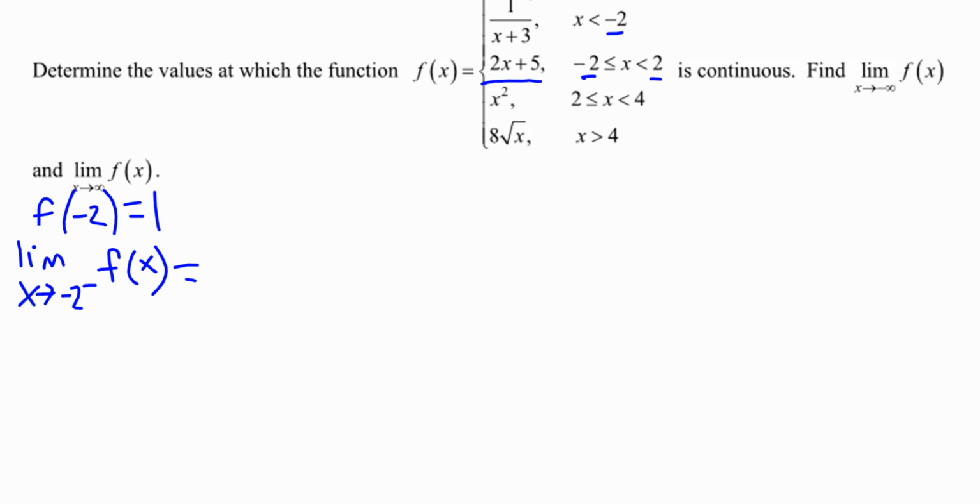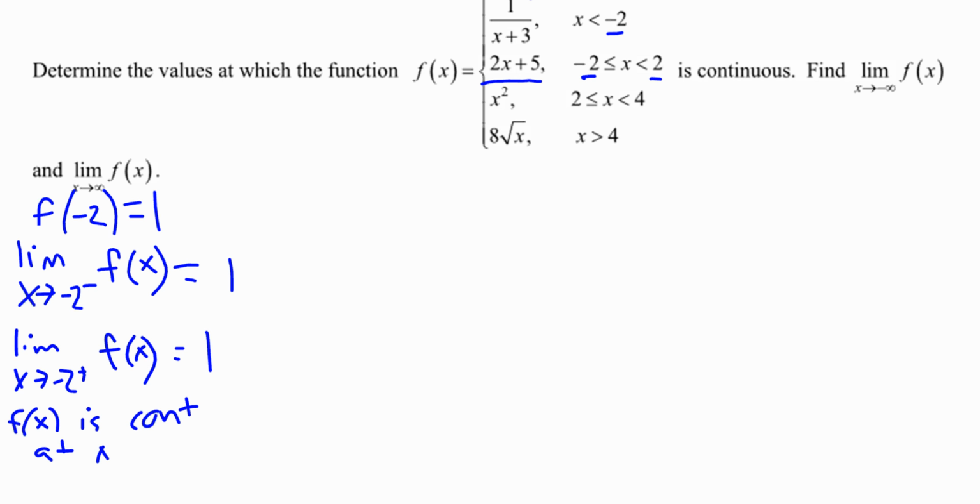Plug that in. 1 over -2 plus 3, we get 1. Now what's the limit as x approaches -2 from the right? This time we're looking at 2x plus 5. Plug it in, you get 1. So f of x is continuous at x equals -2.